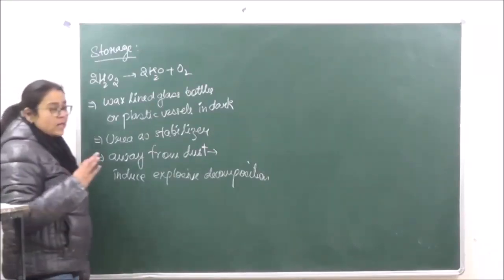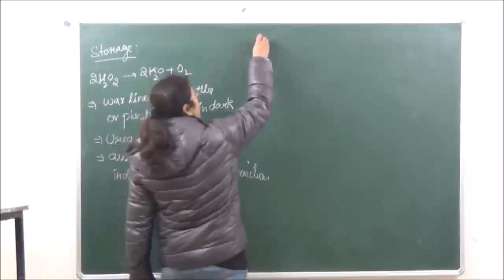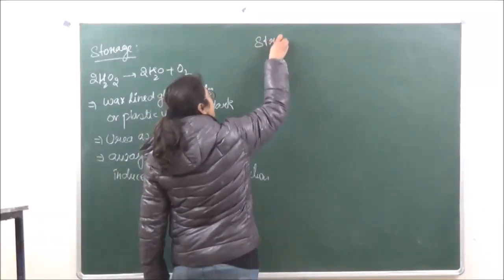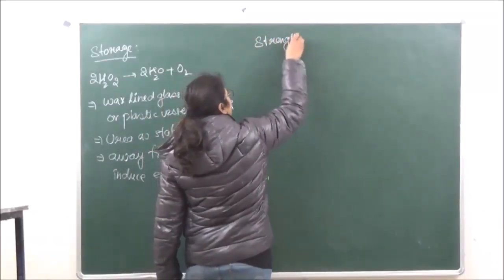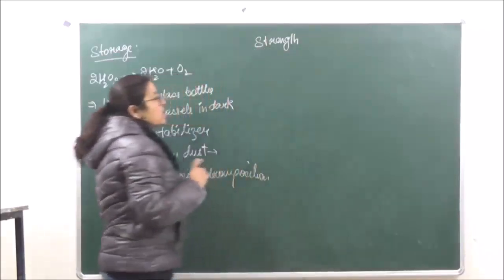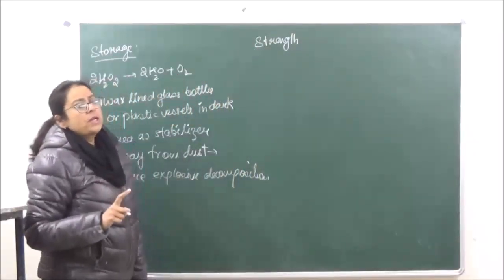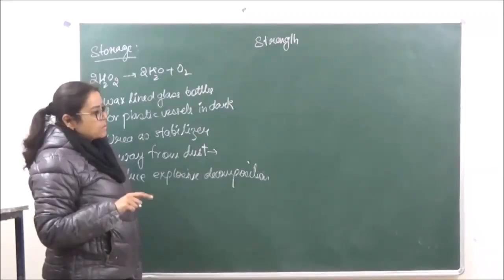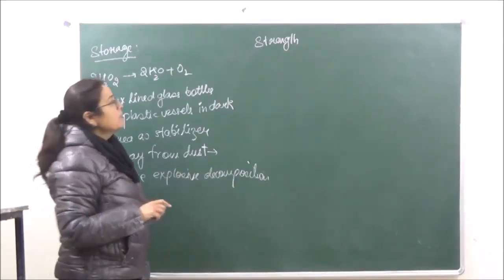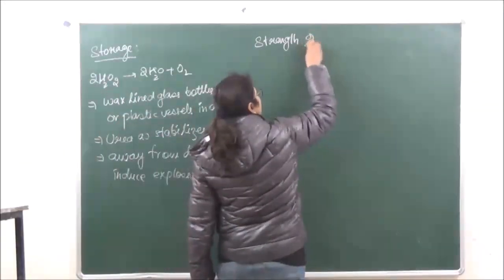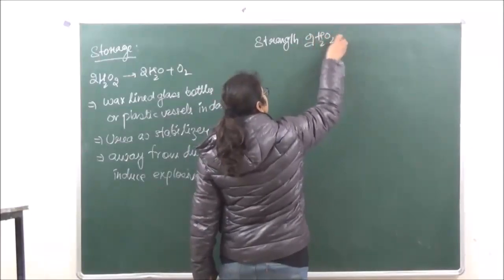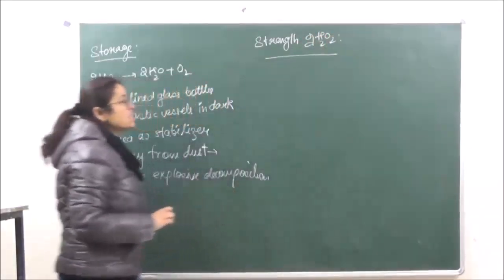Now we get one numerical from the next section, especially in your competitions. So be attentive when we are doing this topic, because this is one of the only questions I have seen in competitions. It comes from this chapter. So that is strength of H2O2. This is important.